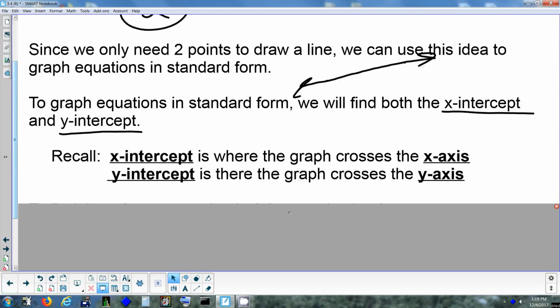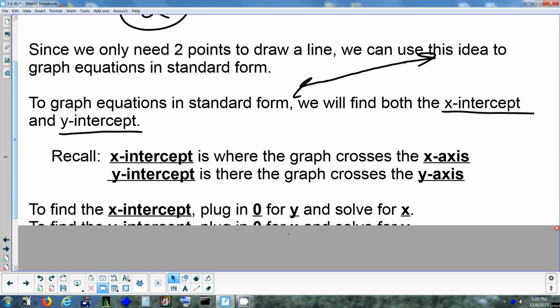Now, the way you find the x-intercept and the y-intercept, when we write it down, you're going to see it's not quite what you would think. You have to plug in a number. And you might think, oh, if I want the x-intercept, maybe I plug in for x. No. And if you want the y-intercept, maybe I would plug in for y. No. It's going to be the other way. So if you want to find the x-intercept, you have to plug in a number for the y.